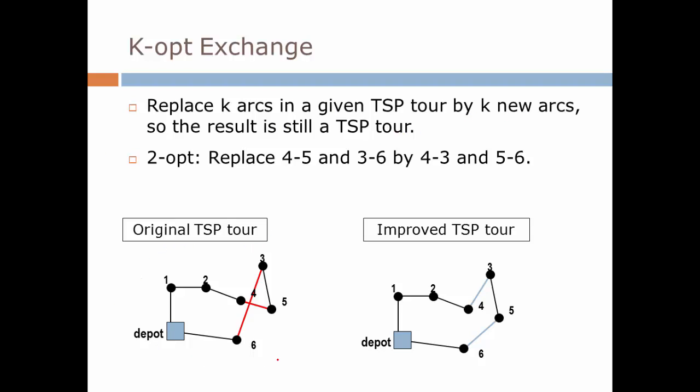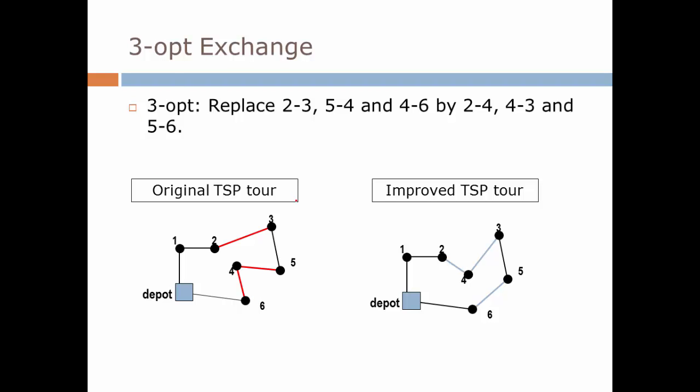So if this is the original TSP tour, I select to replace this arc and this arc here with this one and this one, okay, and this is a 2-opt exchange in this case. A 3-opt exchange is similarly to exchange 3 arcs with another 3 arcs. So this can be an example of a 3-opt exchange move.